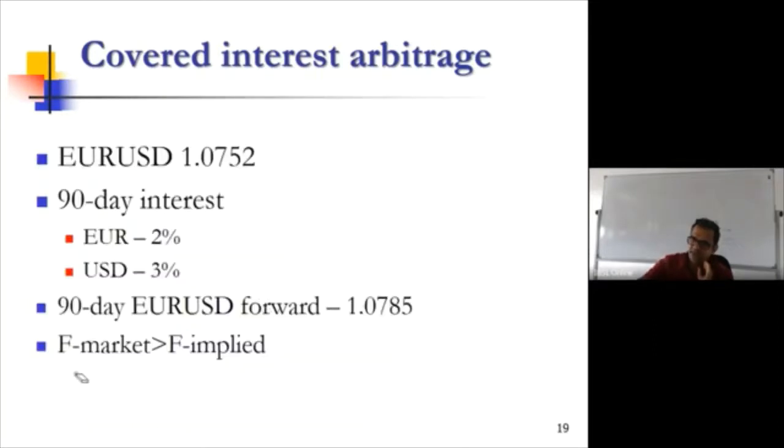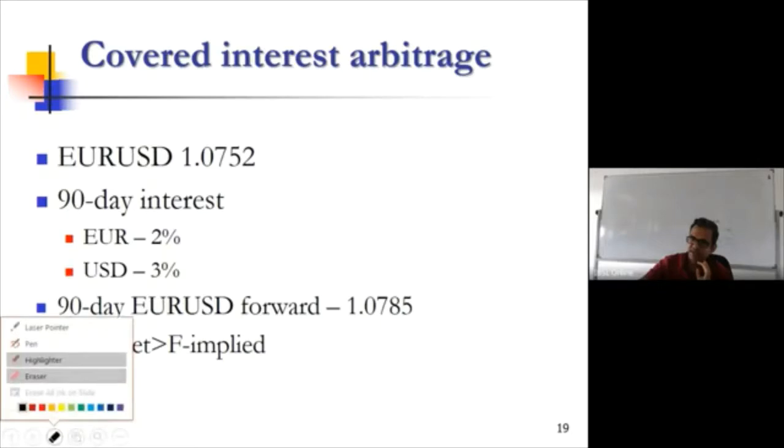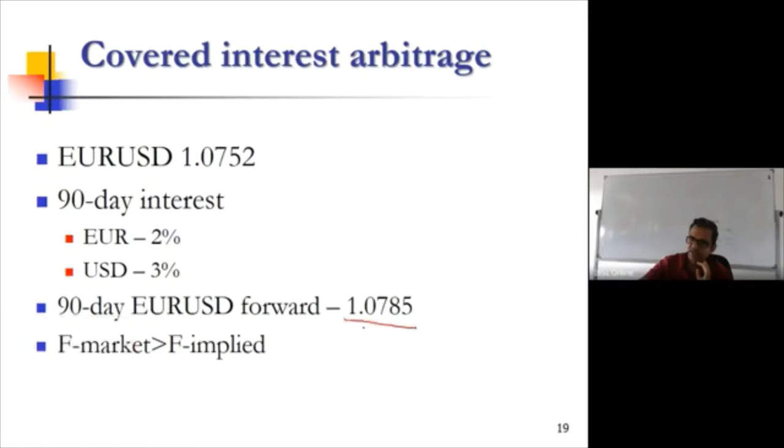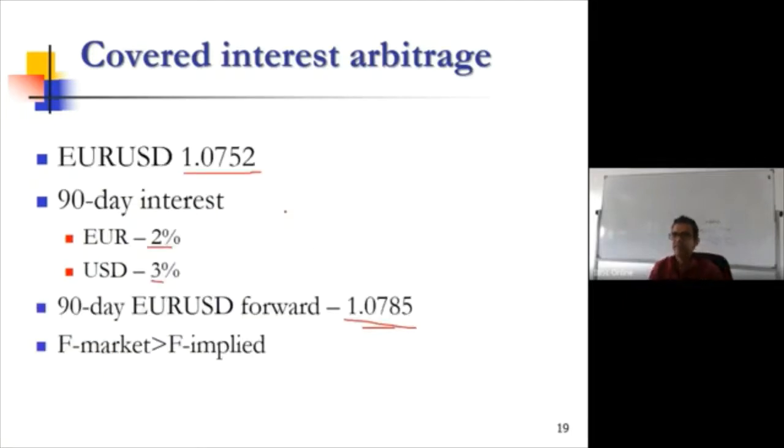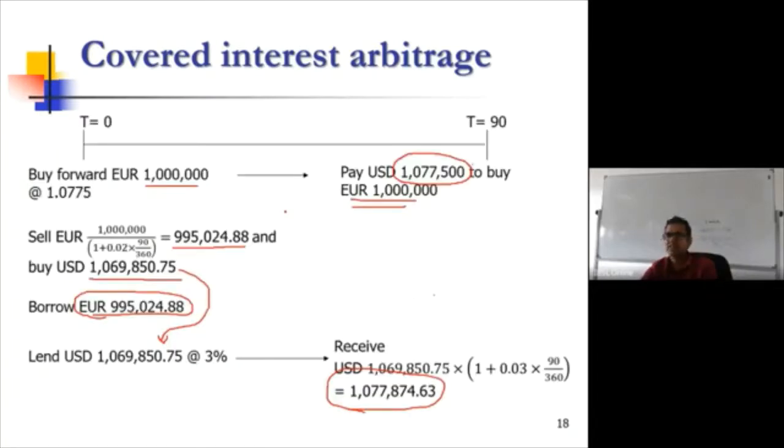Then the other opportunity comes when the market price is higher than the implied rate. So this is the market forward rate for the 90-day euro dollar exchange rate. Spot is given, interest rates are given, so you can calculate the implied rate. The implied rate would be the same as what we had earlier.